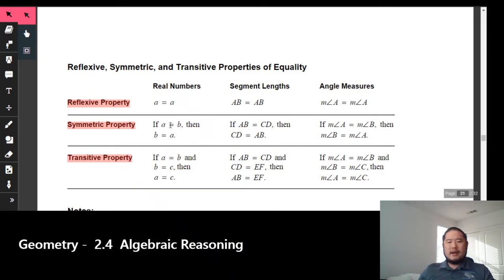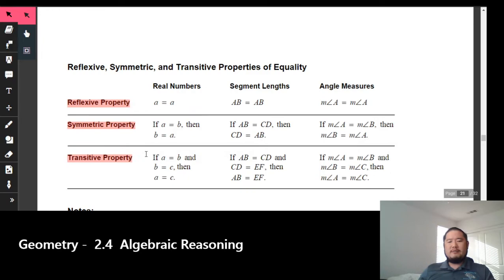So you can see right here, it says if A is equal to B, then B is equal to A. If AB is equal to CD for a segment, then CD is equal to AB. We don't change the letters around, we change the entire order of the statements.